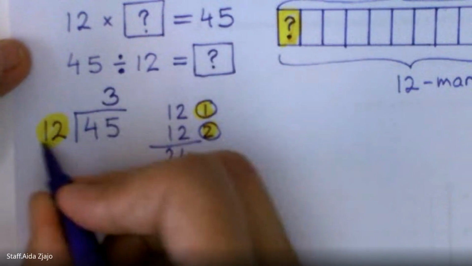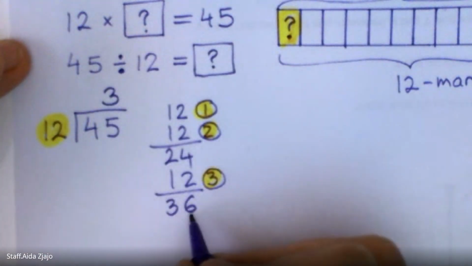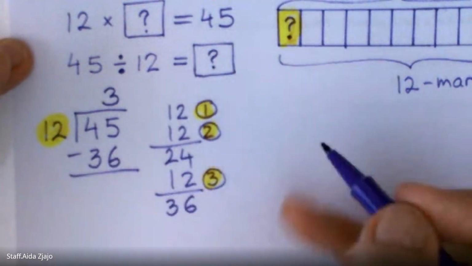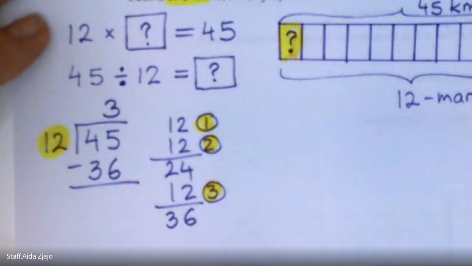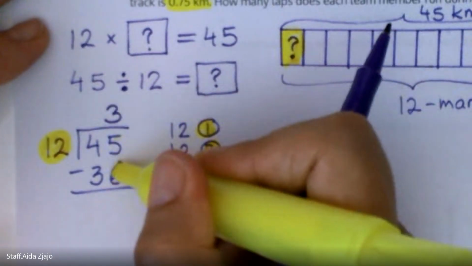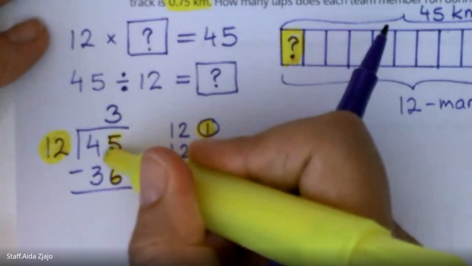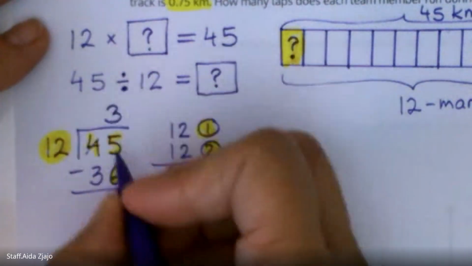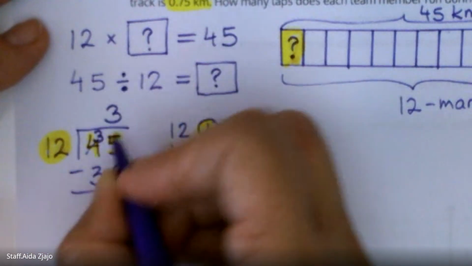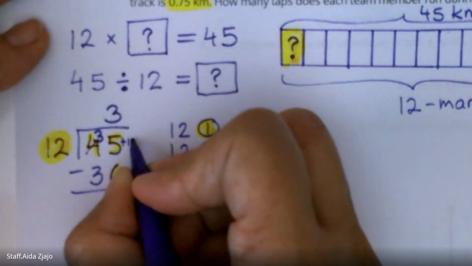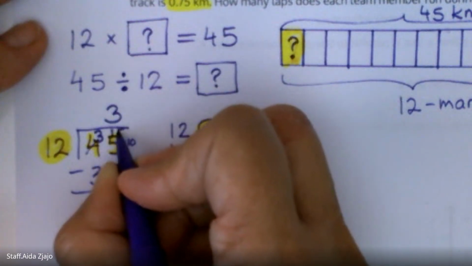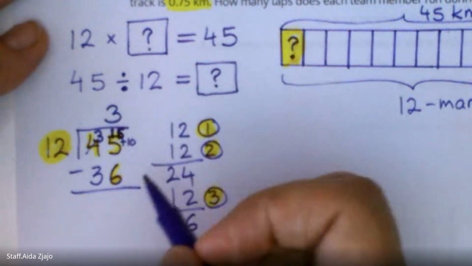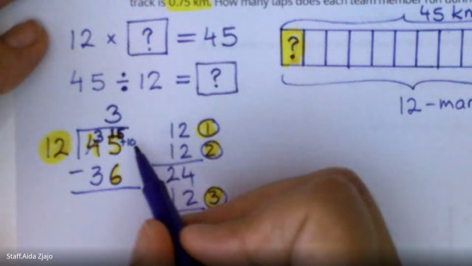So that's the three groups of 12. And then 3 times 12 is really 36. So minus 36. Now, we need to subtract. We cannot give away 6 if we have 5. So we have to regroup the 10 in order to have more ones. So this is going to be 3. And 5 plus 10 will make 15. So now we can use the strategy of think addition to subtract.